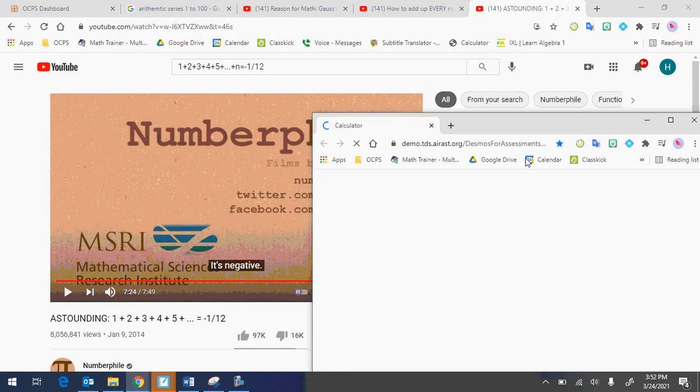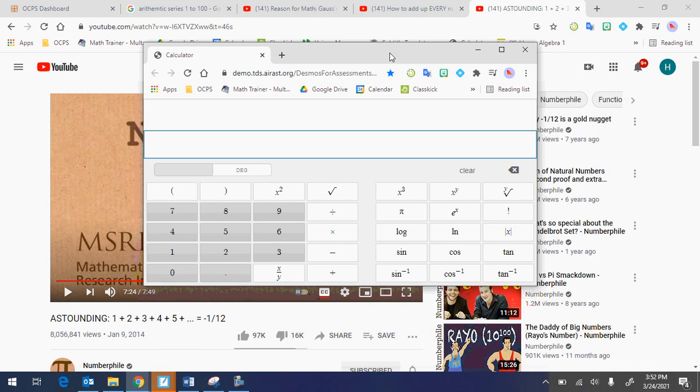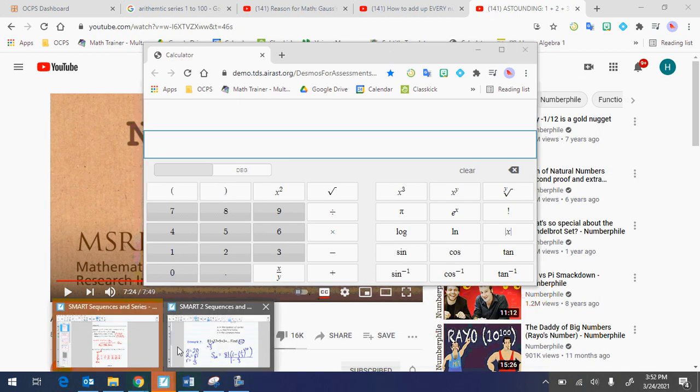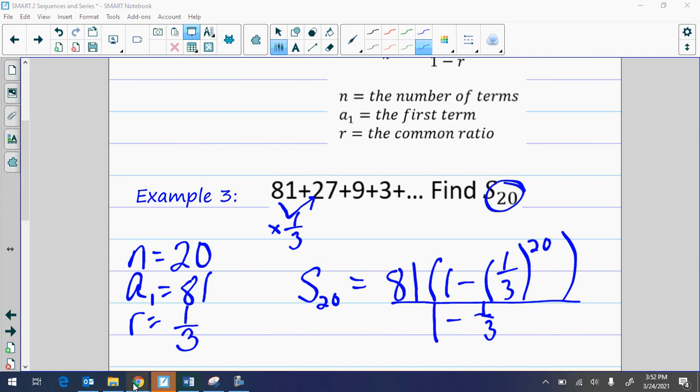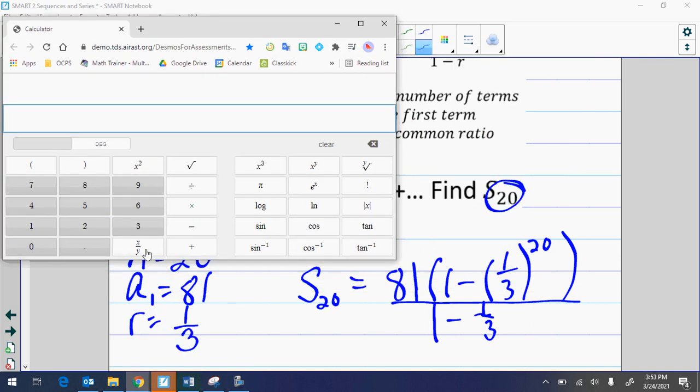So we're going to open up our online calculator. And we are going to punch that in exactly as we see it. I'm not going to simplify it at all. I'm going to go fraction, 81 parenthesis. My computer does not want to work.